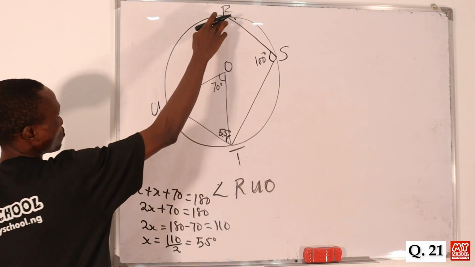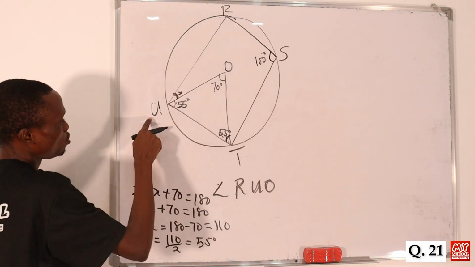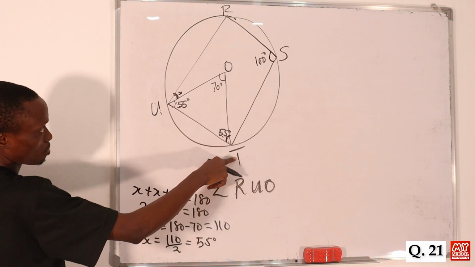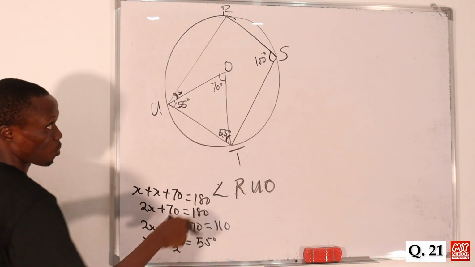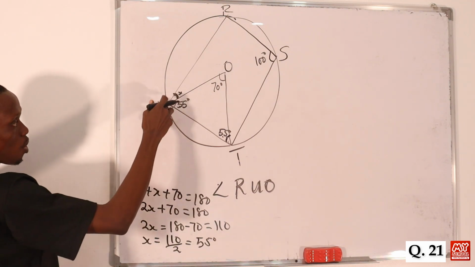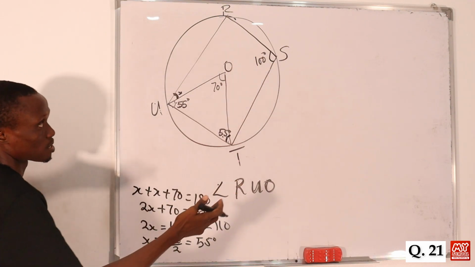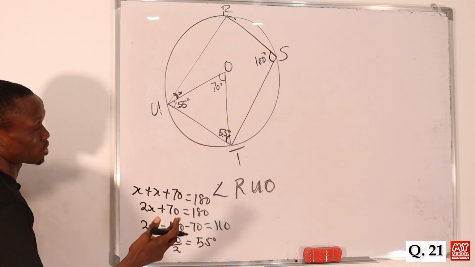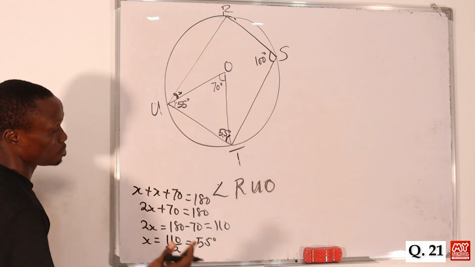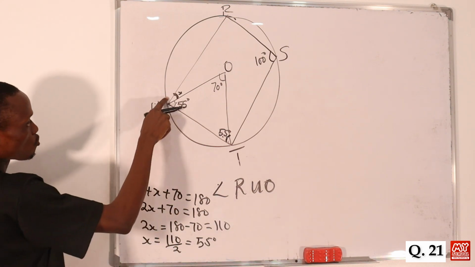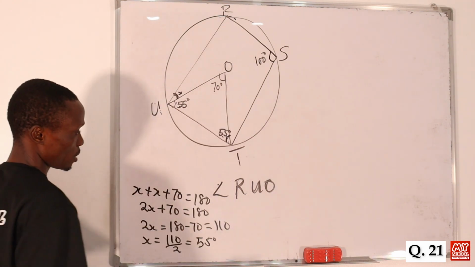In order to calculate angle ROU, remember that these are opposite angles of a cyclic quadrilateral. And opposite angles of a cyclic quadrilateral are supplementary, meaning they are equal to 180. So if we add what we have here plus what we have here, it should be equal to 180.